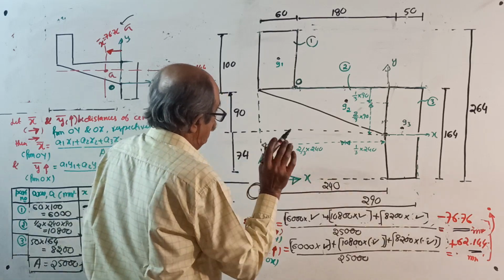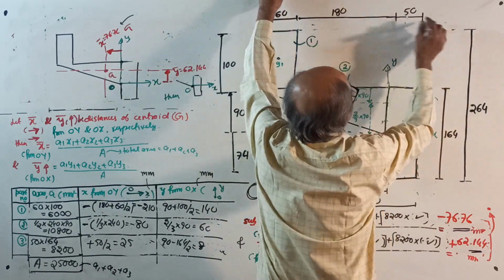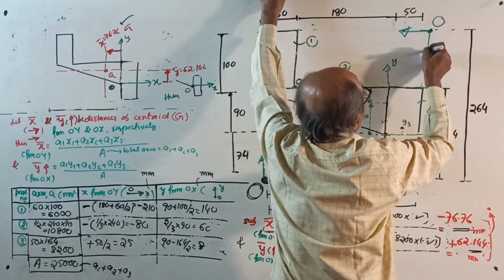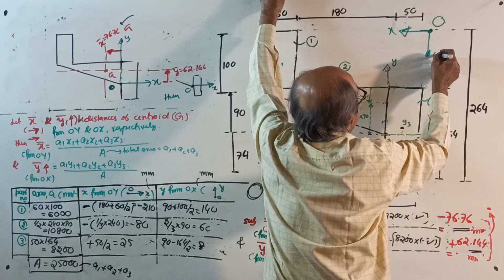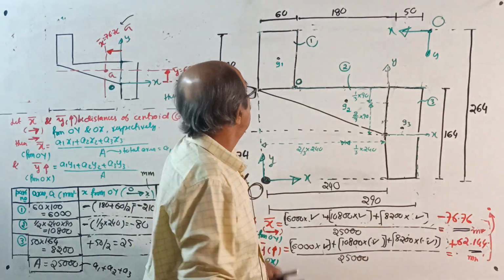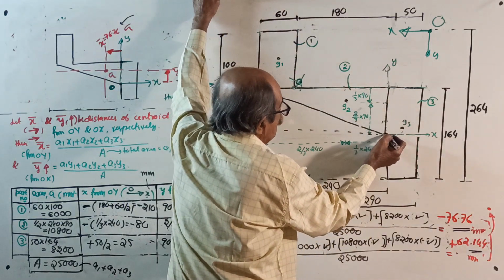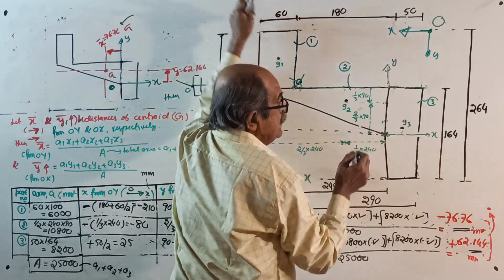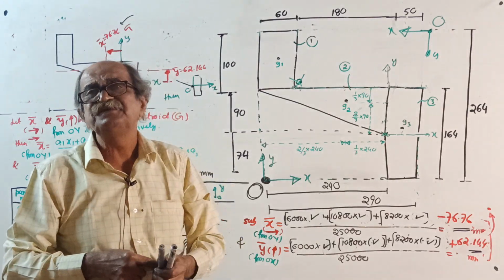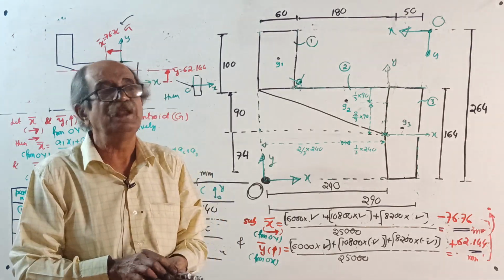Or this corner is O, Y down, X, Y. These are the best two options. Then no minus sign will come. An intermediate origin is to be avoided, so never do it unless the situation requires. Never go for an intermediate point as origin.